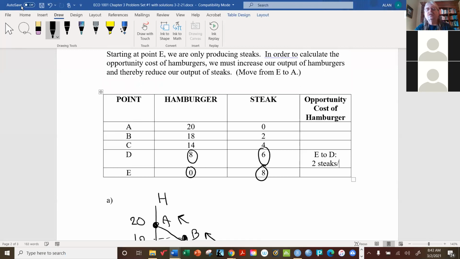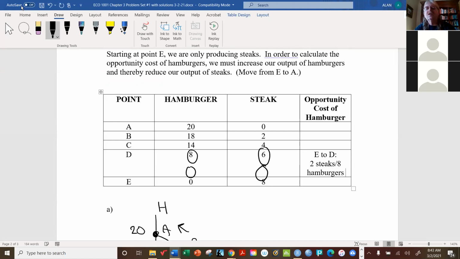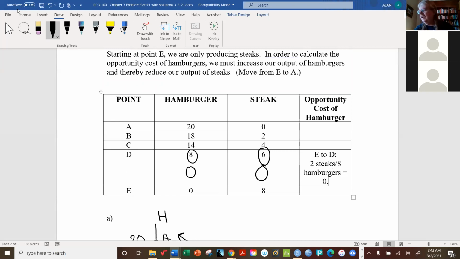Okay, so the ratio is 2 steaks to 8 hamburgers. So the actual opportunity cost is defined as 0.25, 1/4. In other words, we're giving up 1/4 of a steak to get 1 more hamburger. So it's a pretty low opportunity cost.